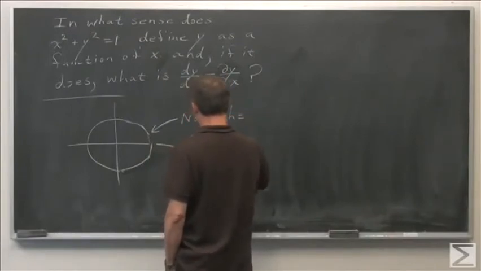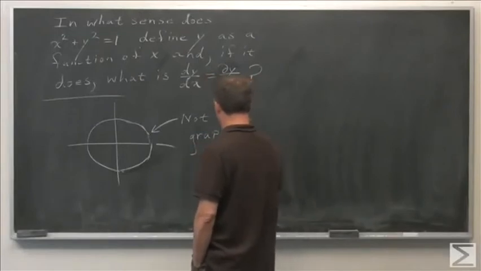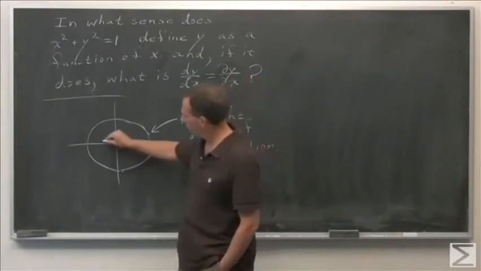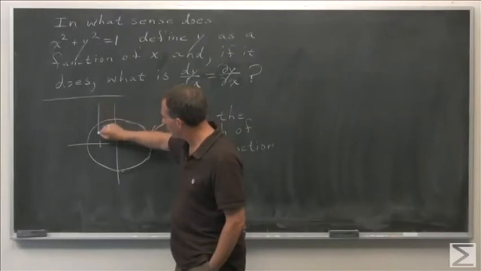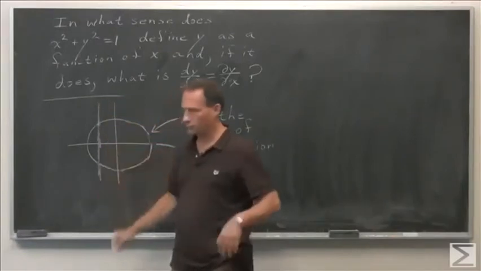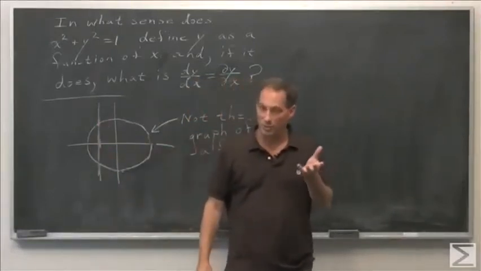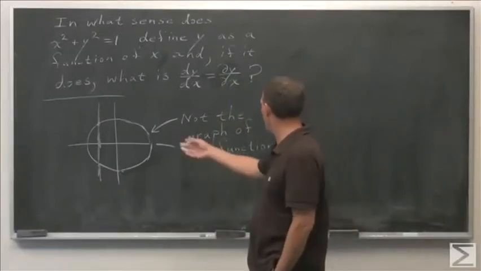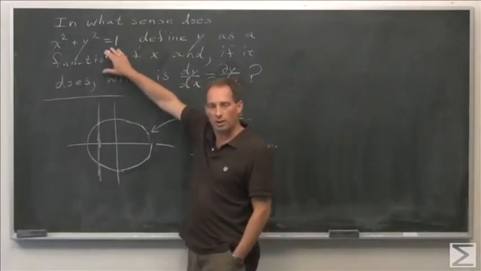Well, what's usually said is it doesn't pass a vertical line test, which is just a graphical way of saying that for a given x value, there could be more than one y value. Like a vertical line here hits the graph twice. And the point is that means for that x value, there are two corresponding y values, but a function is supposed to give you back one y value. So this is not the graph of a function. So, oh no, this doesn't define y as a function of x.